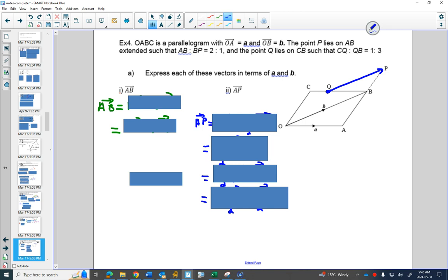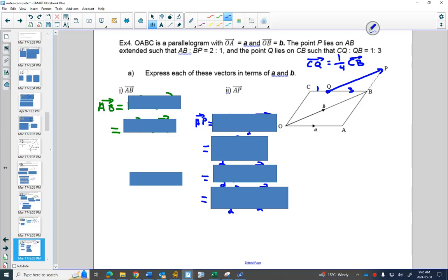So that means this length could be a ratio of 1 and a ratio of 3. Does it make sense then that CQ is 1/4 of CP? If you have that ratio of C to Q and Q to B being 1 to 3, then you know that C to Q is 1/4 of the way from C to B.